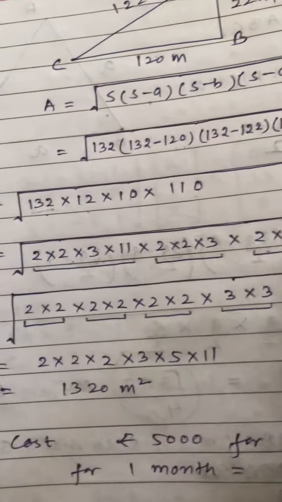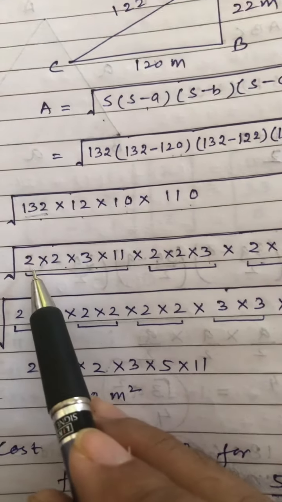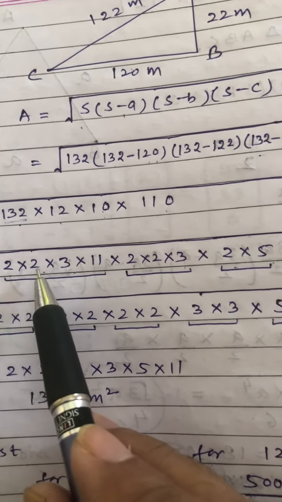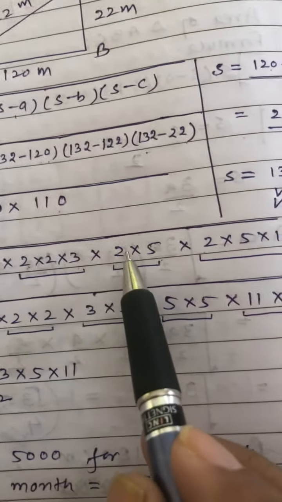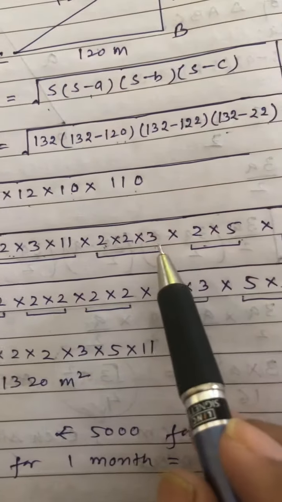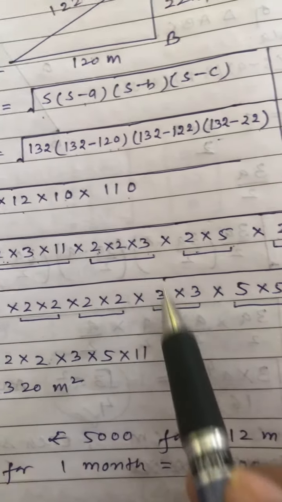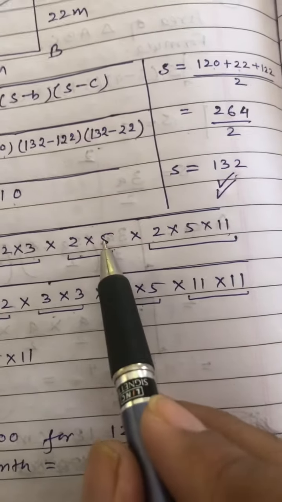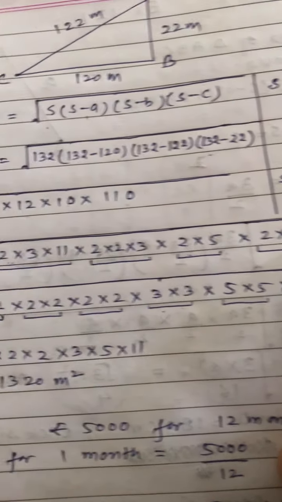Now I will write all the factors directly, and first I will write all the 2's. How many 2's are there? 1, 2, 3, 4, 5, 6 times 2 is coming. 3 how many times? 2 times. 5 how many times? 2 times. And 11 is also coming 2 times.